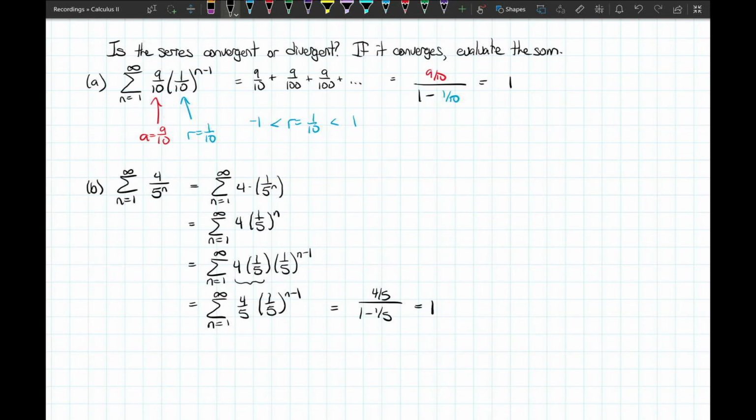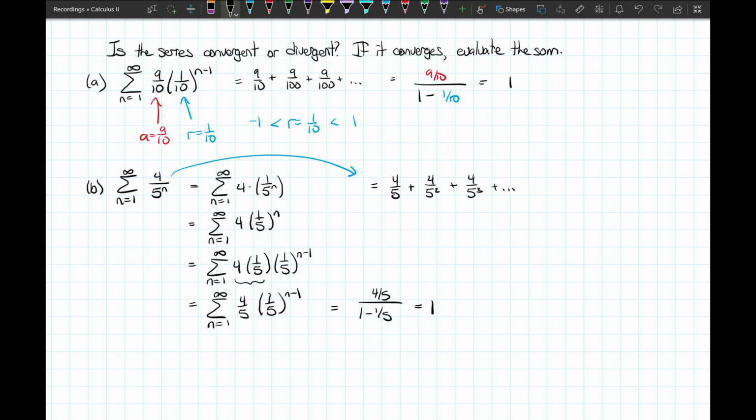Now, because this is a geometric series, we really only need to know what r is to find out if it converges. And it would suffice to at least see the first few terms and spot what r is by looking at the pattern. So we could even write this out and say that this sum is 4/5 plus (4/5)^2 plus (4/5)^3, and so on.